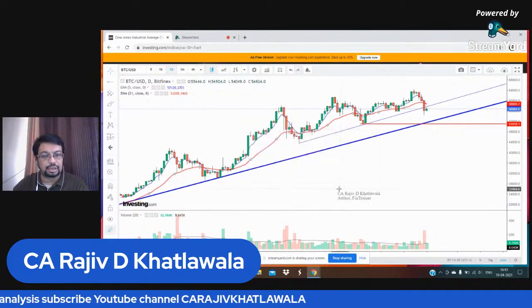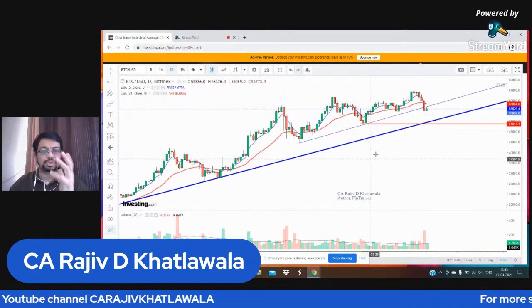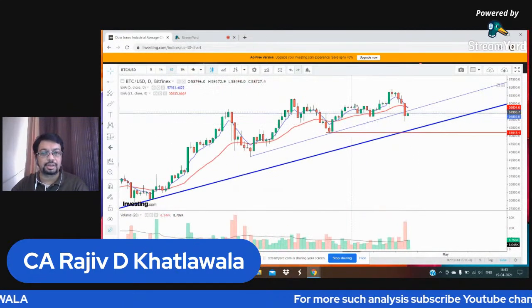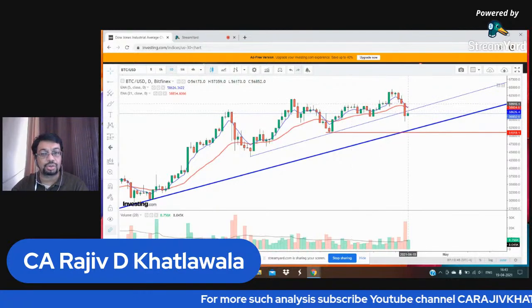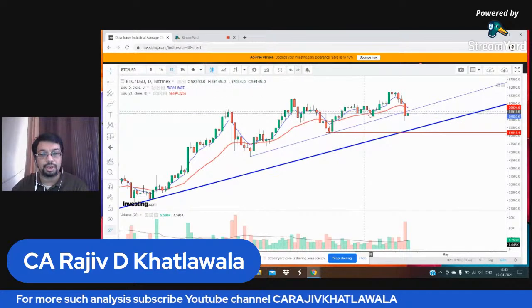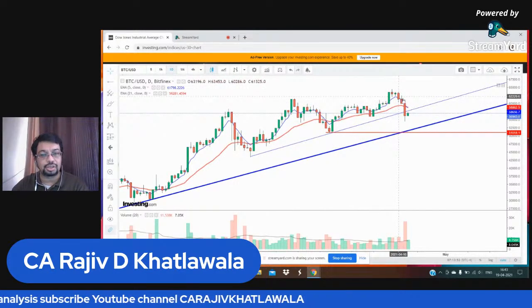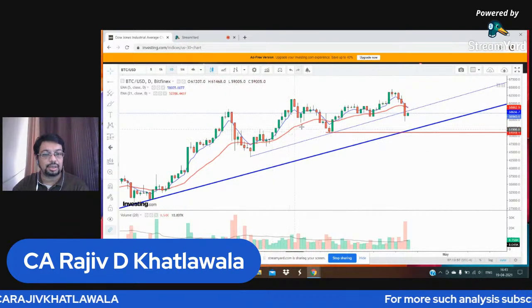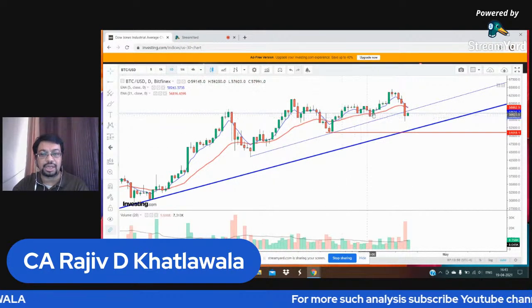What you're seeing on the screen, apart from the candlestick charts, is the 5 moving average, the blue line, which is trailing the prices, and the red line, which is trailing the prices again.